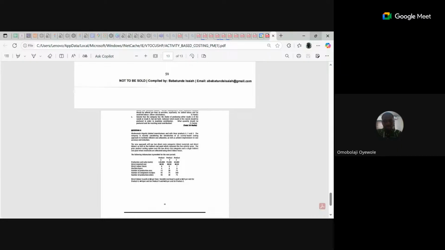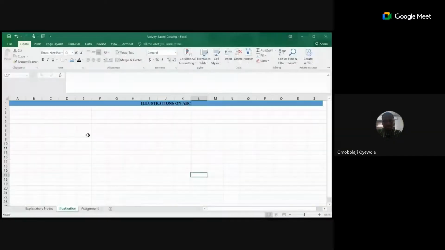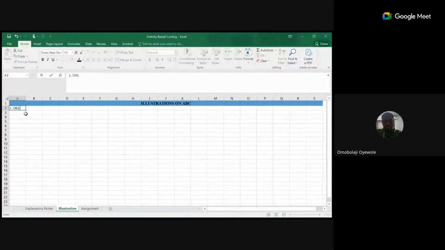So let's go. Illustration one. OKKDIM Nigeria Limited. That's the first question. OKKDIM Nigeria Limited is considering the use of activity-based costing approach in its overhead recovery.